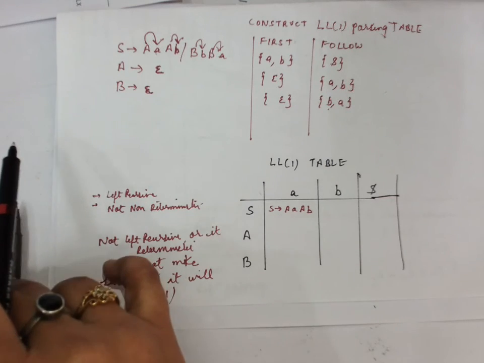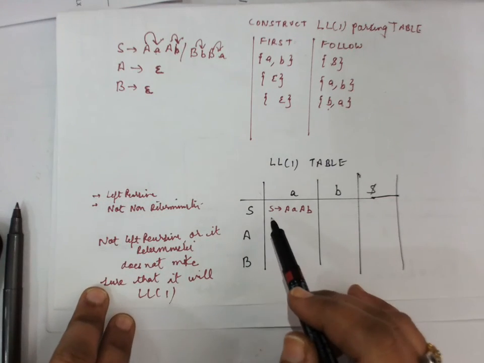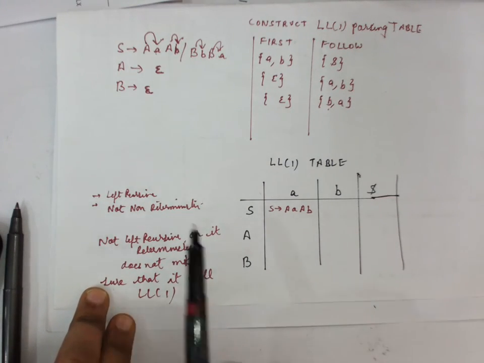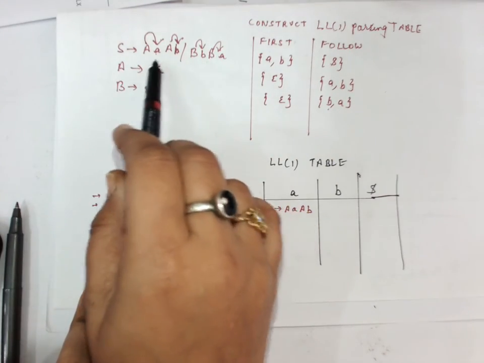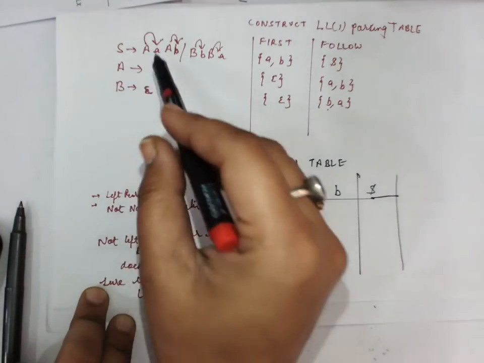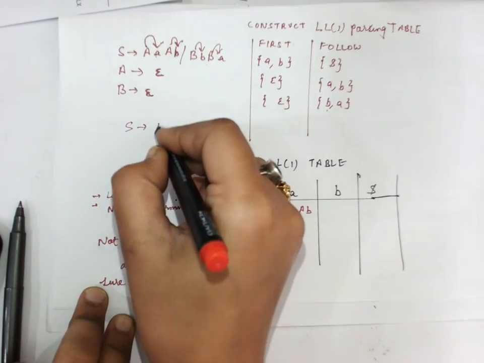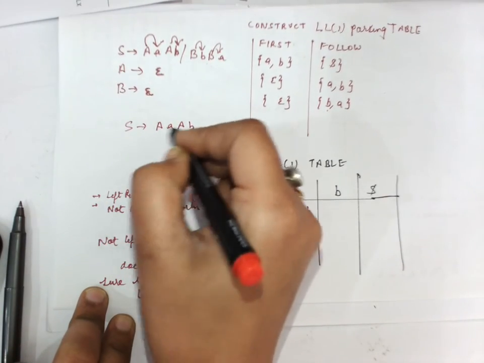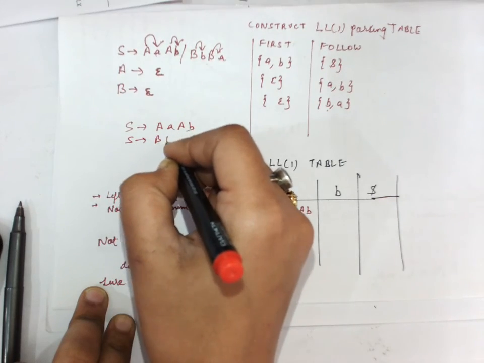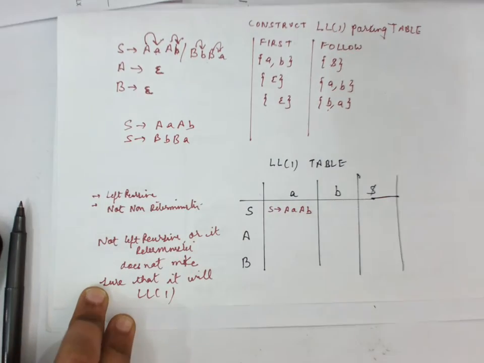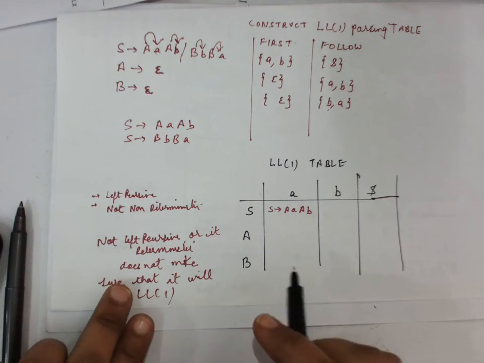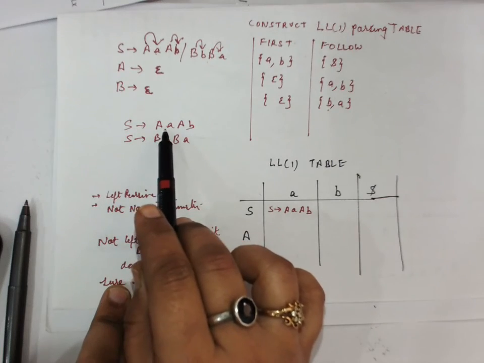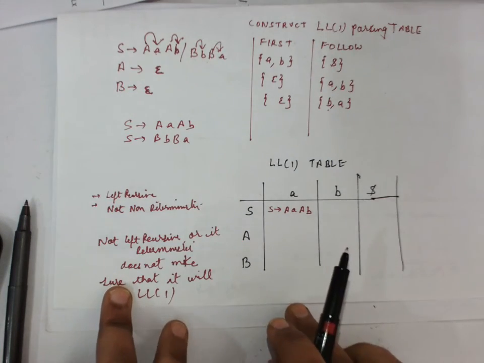So in this case, what is the first of S? For this particular S gives, there are two different production rules. Okay, actually this is production rule S gives A B, and there is another production rule B b A. Okay, so for this particular production rule, for this you will be writing under a.